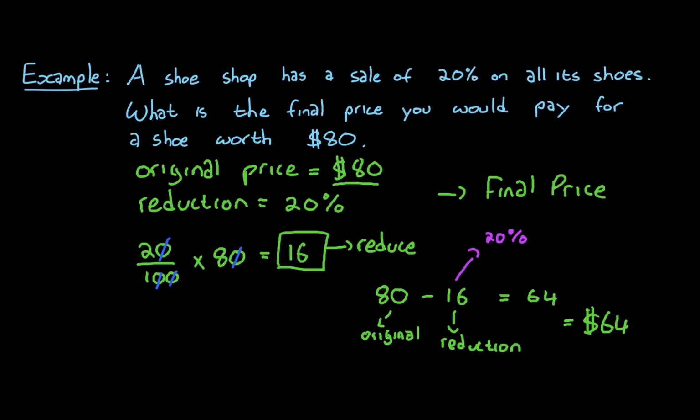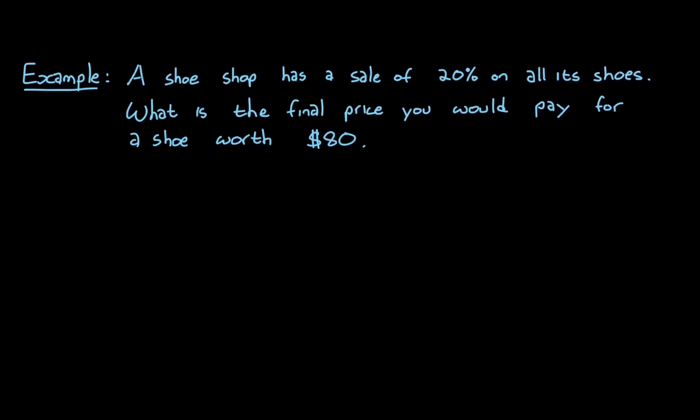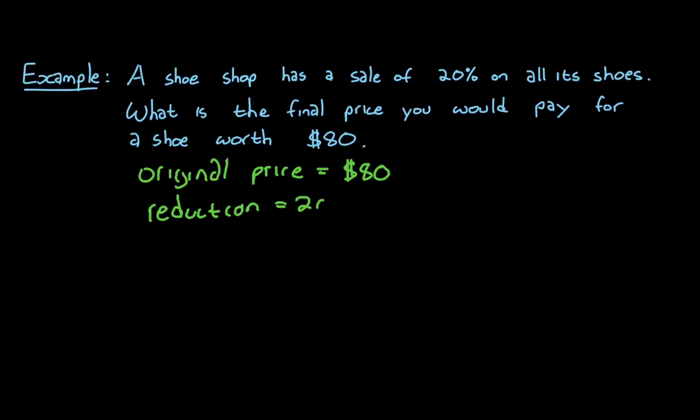Now, this was one method of looking at it. I'm going to show you another method of how to approach the same question. It's the same question, so we're given the original price, which is $80, and the reduction again is 20%.